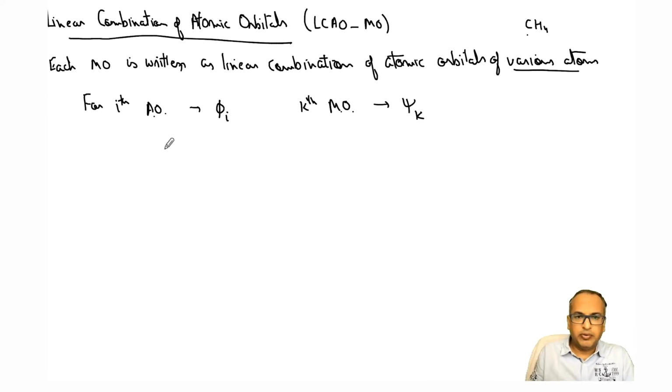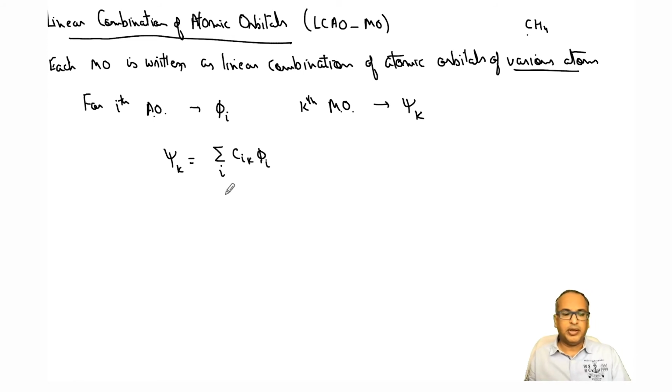So psi k can be written as a linear combination of atomic orbitals, the summation over all i of c ik phi i, where phi i's are the atomic orbitals and hence eigenfunctions of that particular atom.